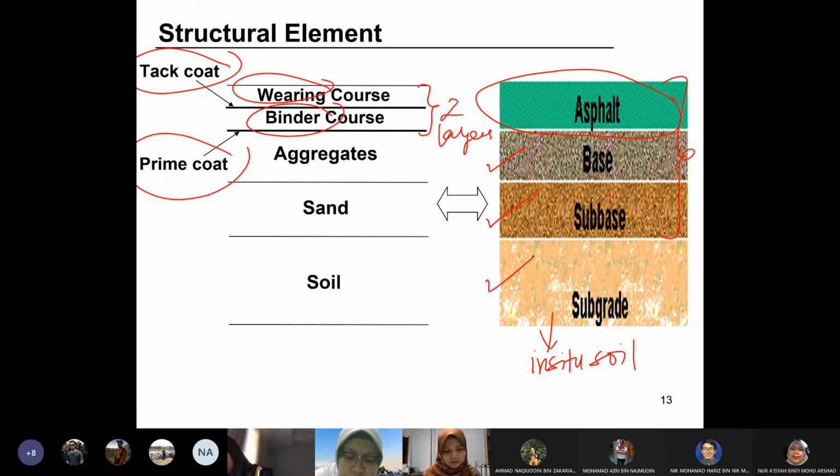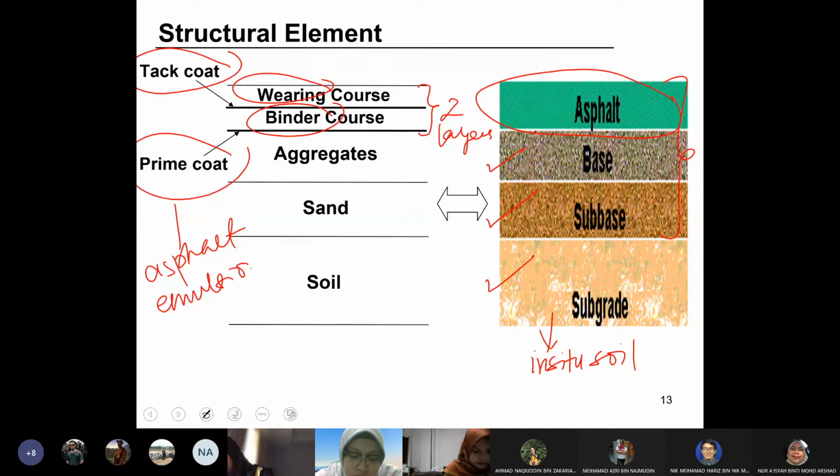So what is the function between tag coat and also our prime coat? Okay. So if you look at the tag coat, kedua-duanya ni coating yang kita guna ni adalah part of asphalt emulsion. Asphalt emulsion. So dia dalam keadaan cecair, right? So if you look at the tag coat ni dia nak bagi bonding, right?